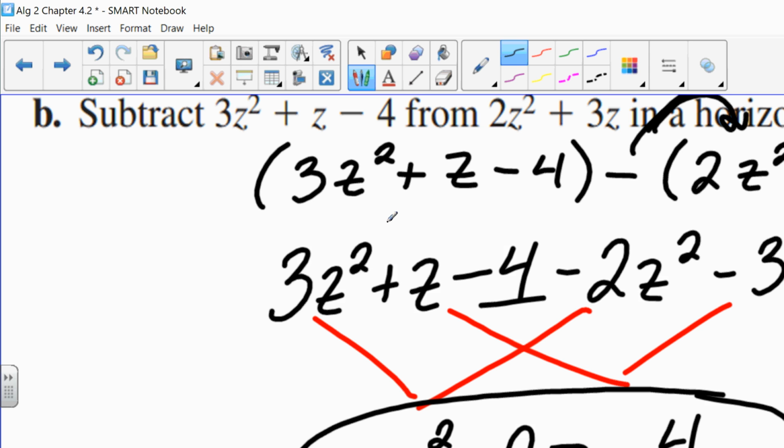Okay. With addition, horizontal and vertical really doesn't make a big difference, because no matter what we do with the parentheses, setting it up, we're just combining those like terms. We're just adding them. With subtraction, we've got to be careful with the signs, because if we don't apply that negative, it will change it.